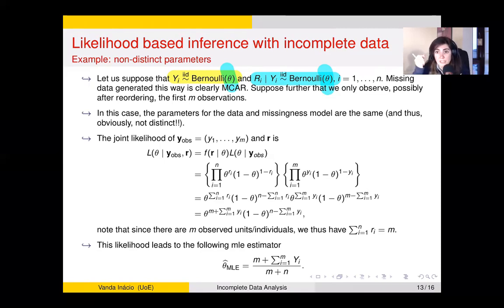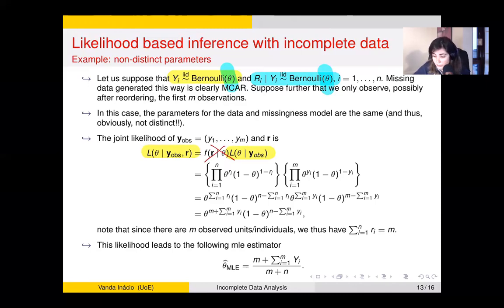And in this case, I can write the likelihood. This is my likelihood, and I know that when the parameters are distinct, I can just use this part, correct? I could ignore what comes from the missing data mechanism. But here I'm including it because I want to do the exercise of comparing it to the situation where I ignore it.